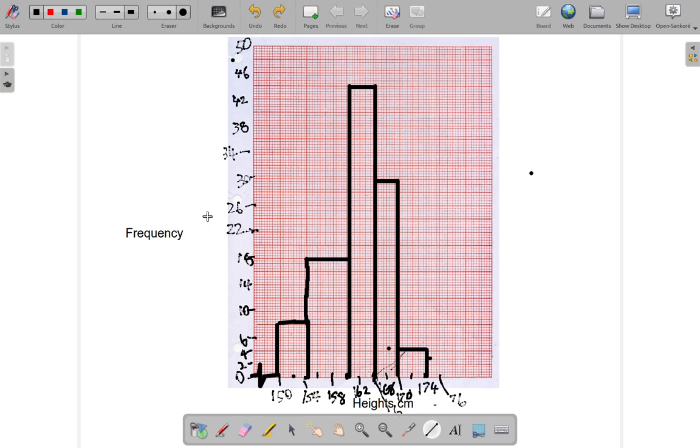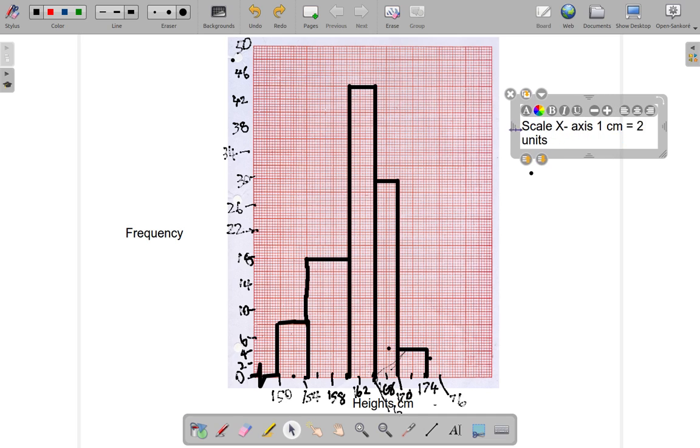You can also draw what is called a frequency polygon, but before I do that, let me just make a note here that the scale on the x-axis is 1 cm equals 2 units.